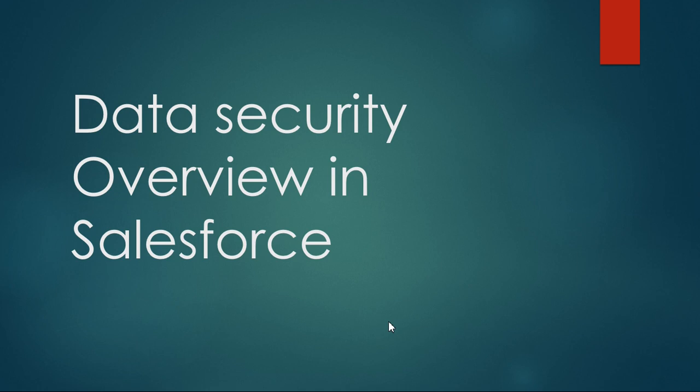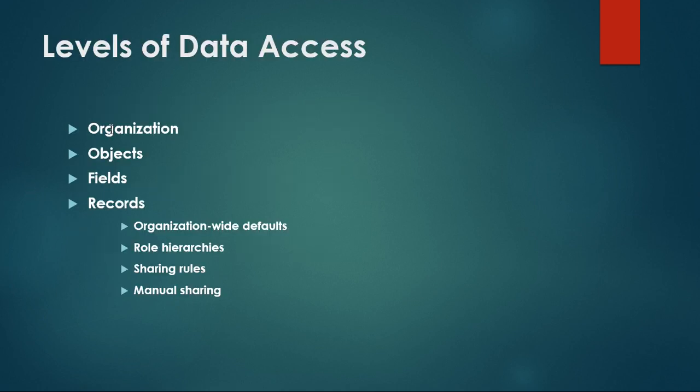Data security in Salesforce has different levels. The levels of data access are organization level, object level, and field and record level. Coming to the organization level, for your whole organization you can maintain a list of authorized users, set password policies, and limit logins to certain hours and localities.